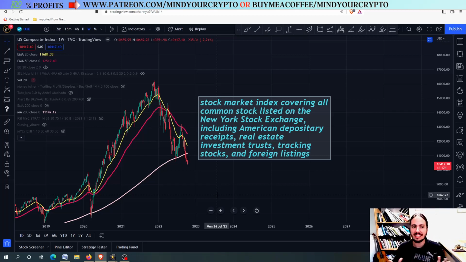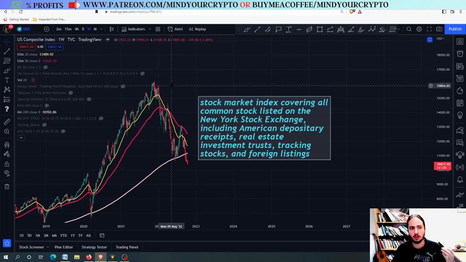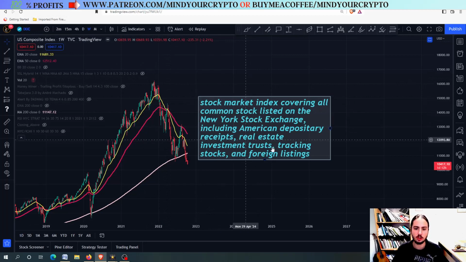So, what is the US Composite Index that we are seeing in TradingView? You can find it on TradingView by simply clicking IXIC or US Composite Index. It is the stock market index covering all common stocks listed on the New York Stock Exchange, including American depository receipts, real estate investment trusts, tracking stocks, and foreign listings.